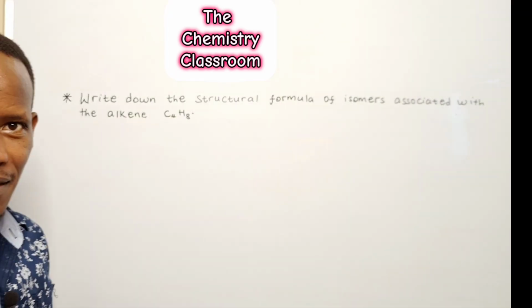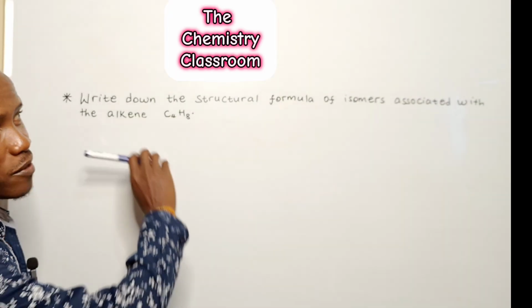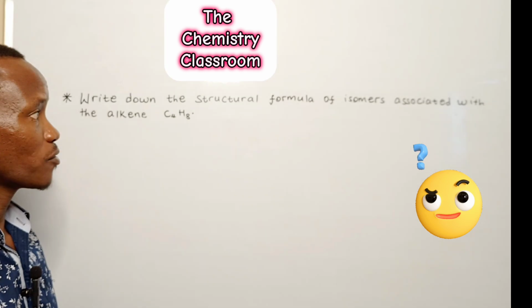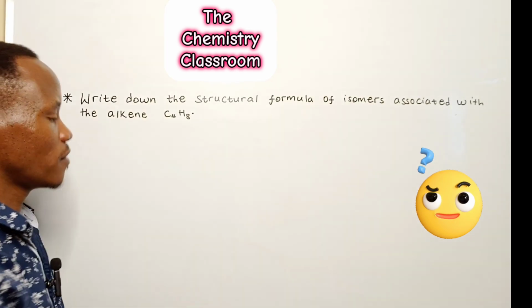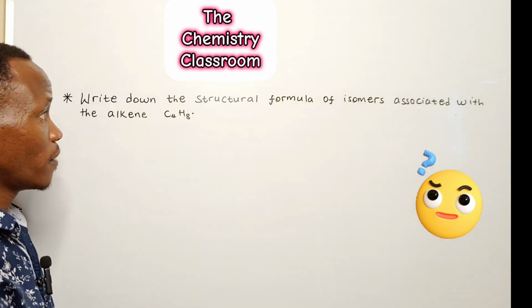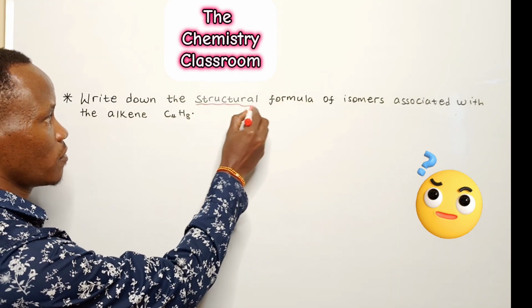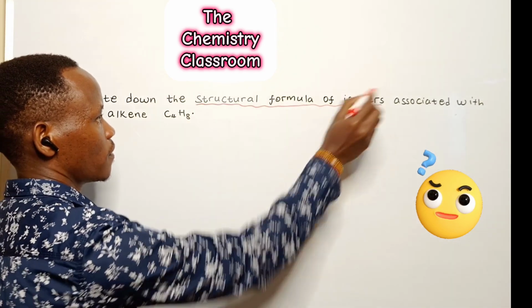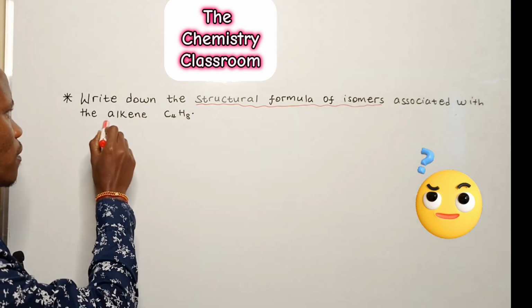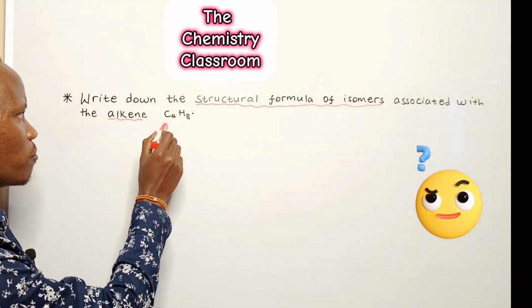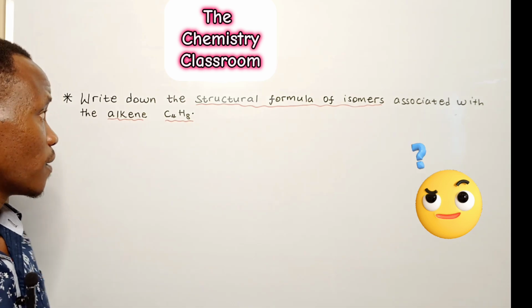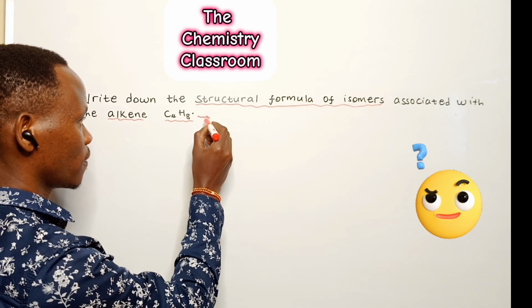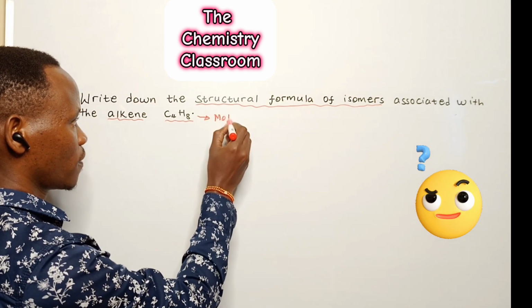Ladies and gentlemen, this is the classroom, and the question that we are discussing here is that we are supposed to write down the structure formula of isomers. So we shall be writing down the structure formula of all the isomers that are associated with an alkene. But we know its molecular formula has been given.